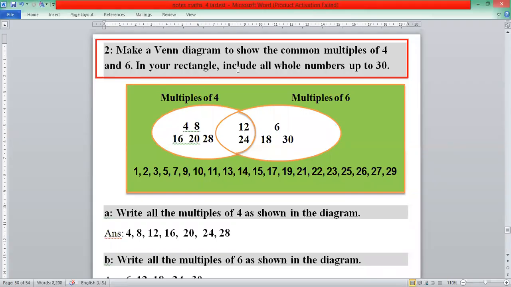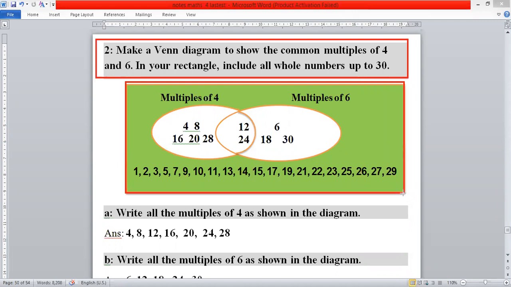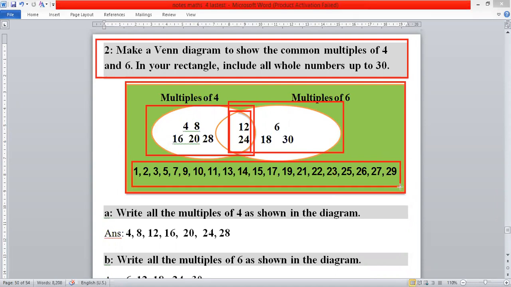In your diagram, include all whole numbers up to 30. So first of all, we will draw this diagram by ourselves. First, we write the multiples of 4 here, then multiples of 6 here. Common multiples definitely will come here, and the remaining numbers up to 30 we will write below these circles. And after that, we will write the answers of the given questions.